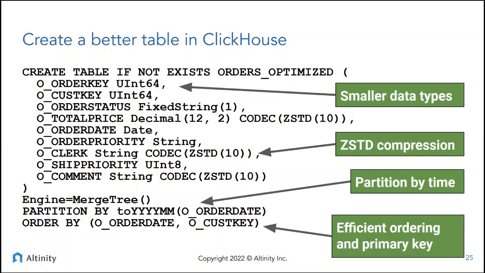In ClickHouse, you have incredible power to optimize performance, but you need to do it by making explicit choices about the data types you use, your compression, codecs. So this gives you an example of how we actually alter this table to make it more compact and more performant in ClickHouse.